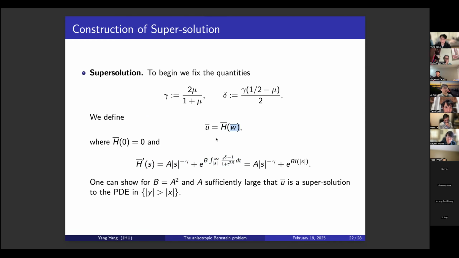It remains the same 1 plus mu growth rate at infinity. And it turns out when we choose this B and A carefully, we can make this U superbar a supersolution on the whole region with positive sign, and a subsolution with negative sign.